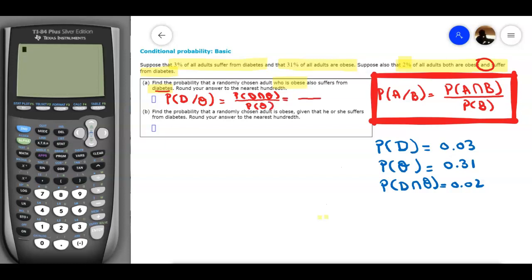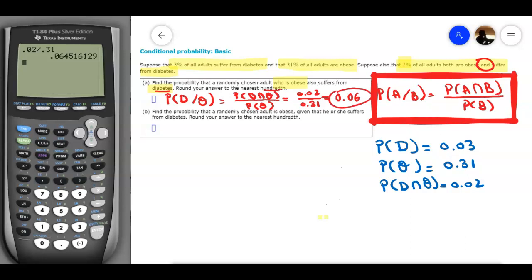You have all the information. This is going to be 0.02 over 0.31. Let's do it on the calculator. We are dividing 0.02 by 0.31, and this should be 0.06. They want it to the nearest hundredth, so I think 0.06 should be right. This is your answer for the first one.